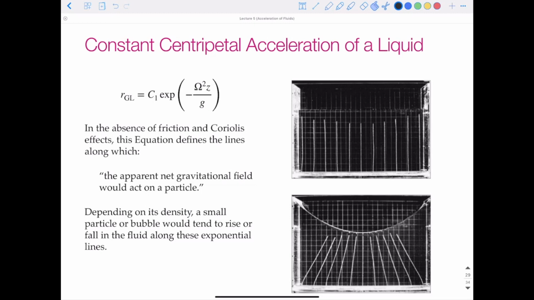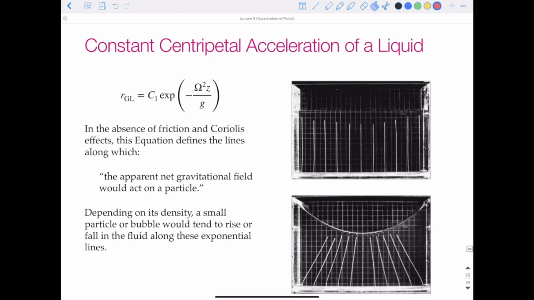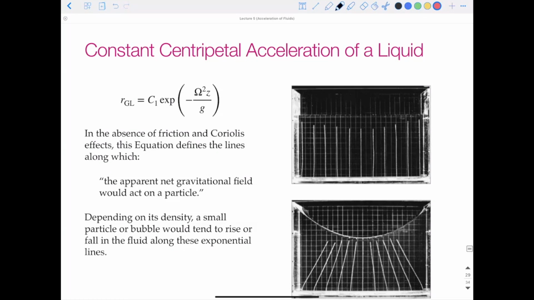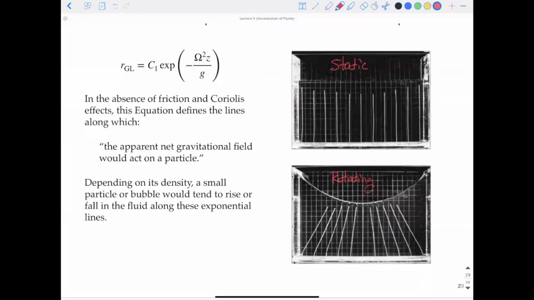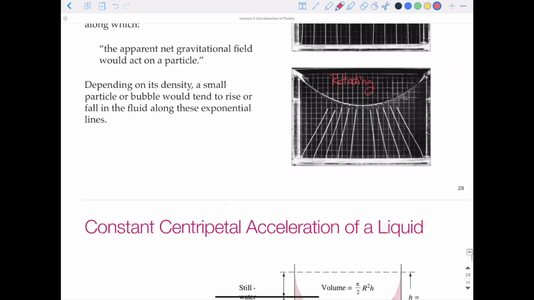So if we have a fluid that's static, and a fluid that's rotating, then we can see that these stringers are always going to follow that gradient line. So depending on the density, a small particle or bubble would tend to rise and fall in the fluid along these exponential lines. So that's just the gradient lines kind of visualized.